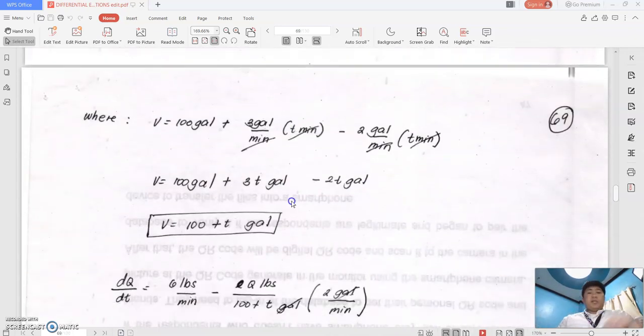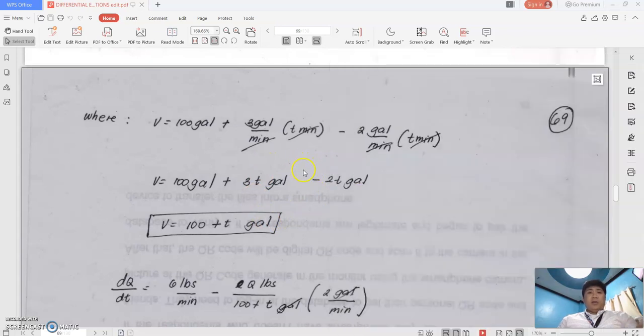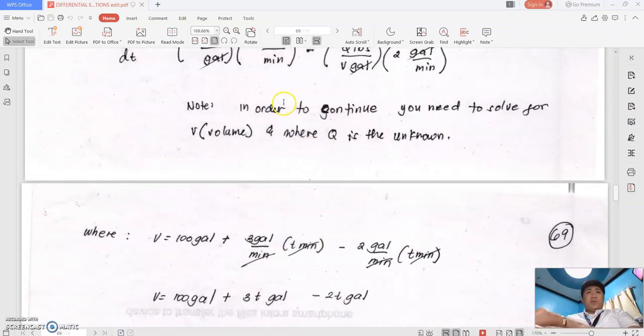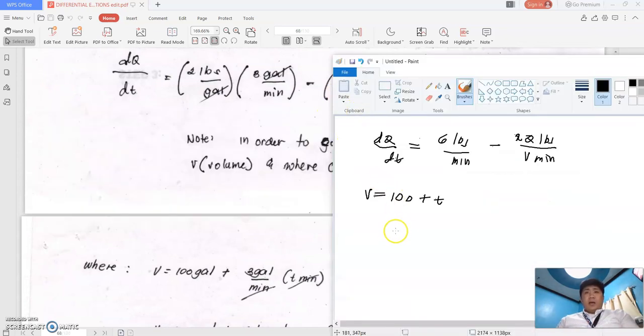Volume 100 plus t. So we will not include the gallon anymore, since we've already canceled that one above. So from here you have dQ over dt.